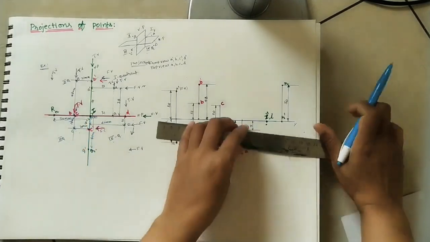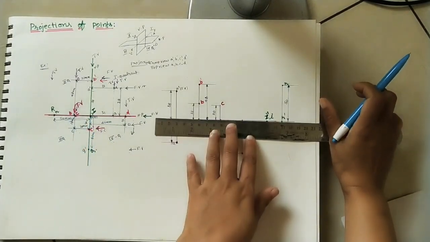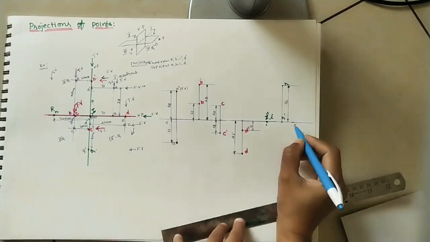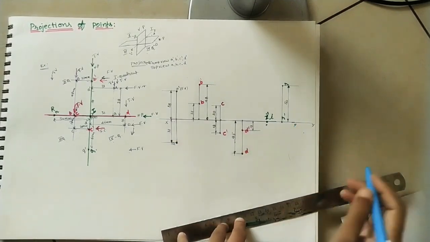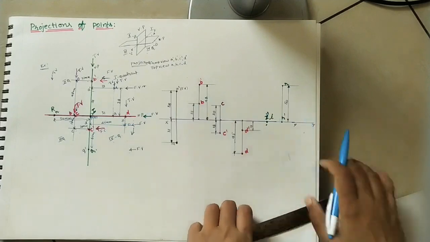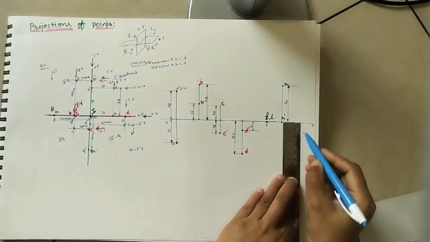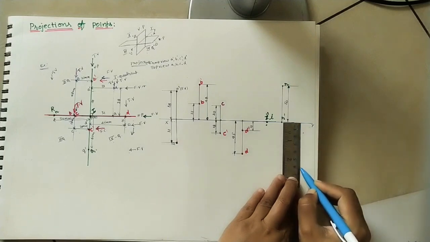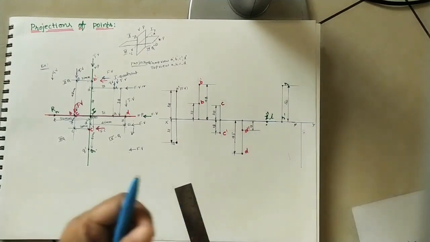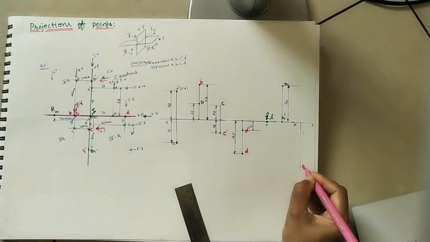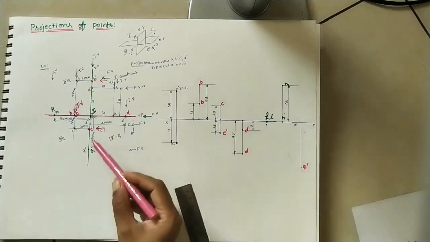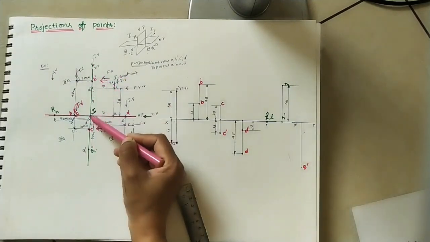Okay. So we can see the Q dash below, this 60 mm. Okay, here I will extend this line. So mark this Y point here. Okay, mark this Q dash 60 mm here. So what is the front view of this Q point? Q dash. And here Q will come, the top view will come here.